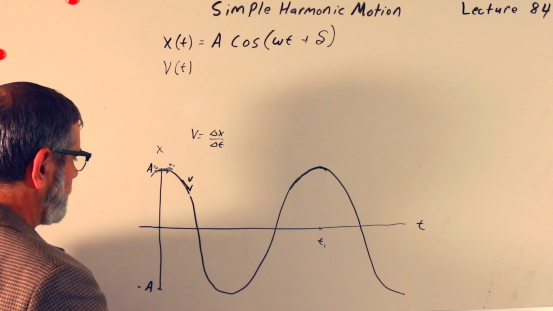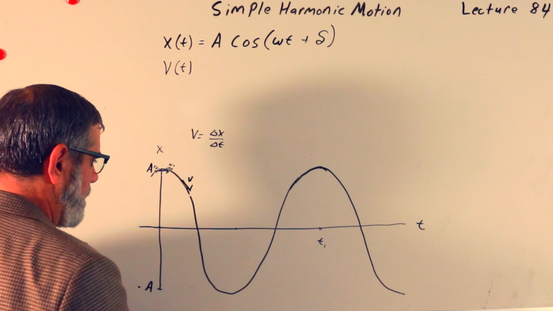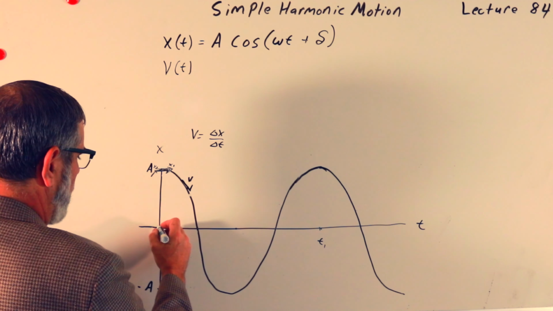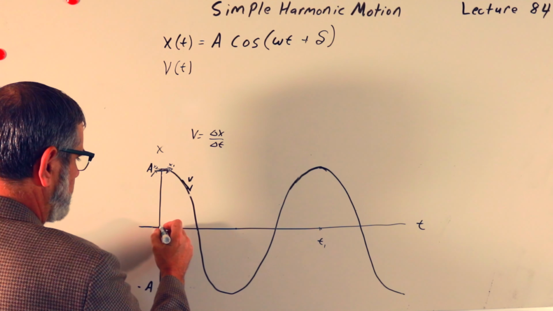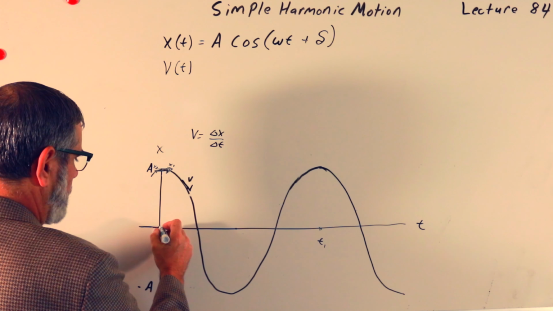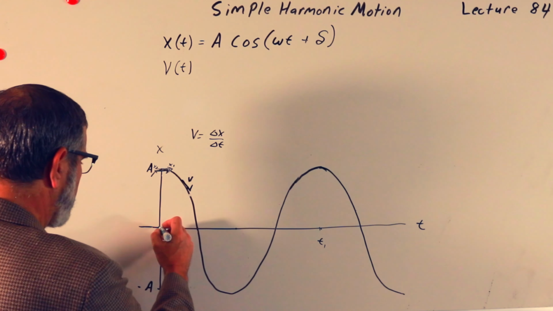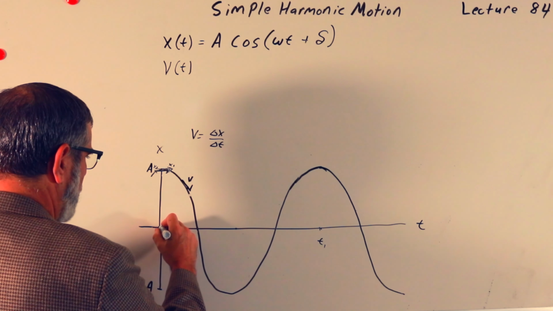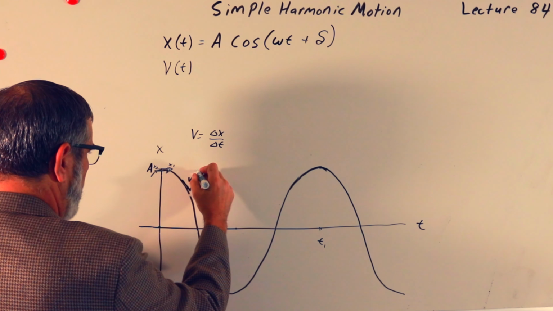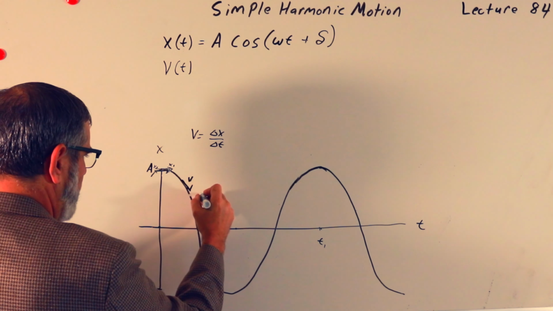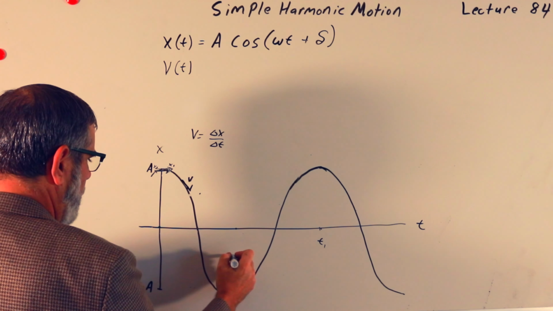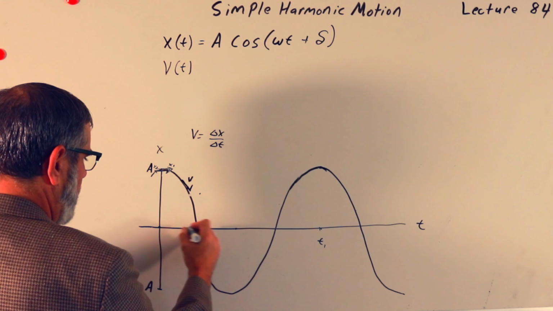This is the maximum velocity. I don't know whether to draw it positively or negatively, so I'm just going to go with my gut and draw it positively. It doesn't have to be the same amplitude. Here it's 0 again.